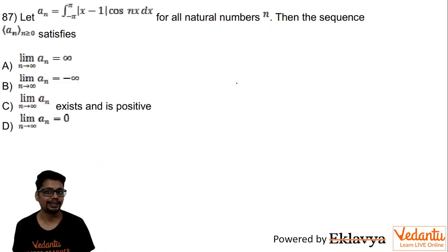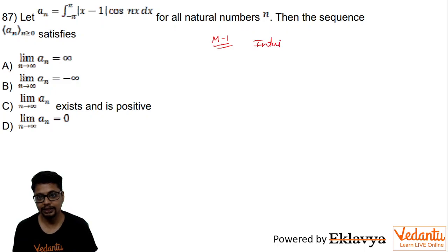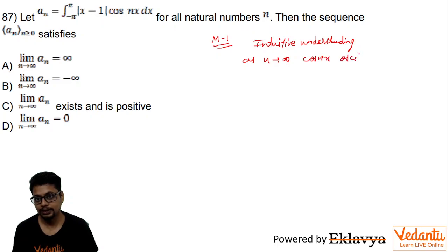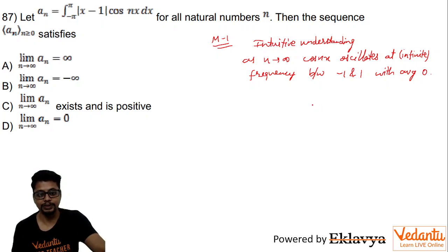So this is one way of quick understanding, of how you can intuitively feel that the answer should be D. So one way is this intuitive understanding, that as n tends to infinity, cos nx oscillates at infinite frequency, so to speak, between minus 1 and 1 with average value 0, so that way D is supposed to be the answer.